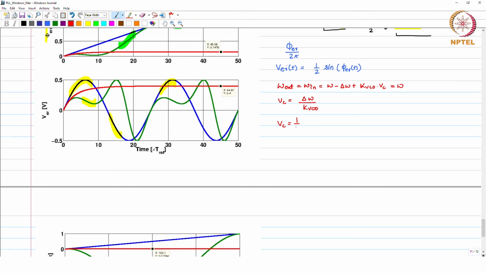This particular control voltage was half the sine of the phase error. So, phase error is going to be 2 times delta omega by k VCO, and this whole thing will come inside the sine argument, so that your phase error is equal to sine inverse of 2 delta omega by k VCO.